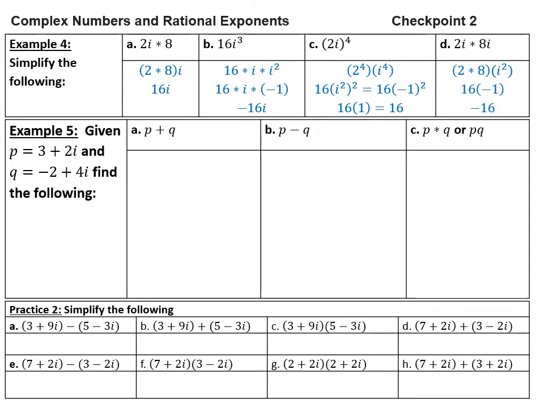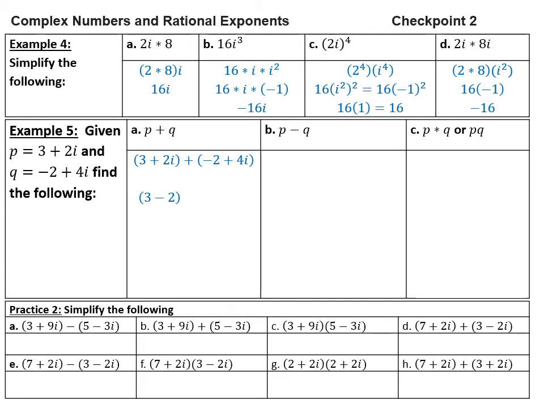Sometimes you'll be given two numbers and asked to add them, subtract them, multiply them. So 3 plus 2i and negative 2 plus 4i are our p and our q. So to add, just replace p and q with what they are. So 3 plus 2i plus negative 2 plus 4i. We're going to put the 3 and the negative 2 together.